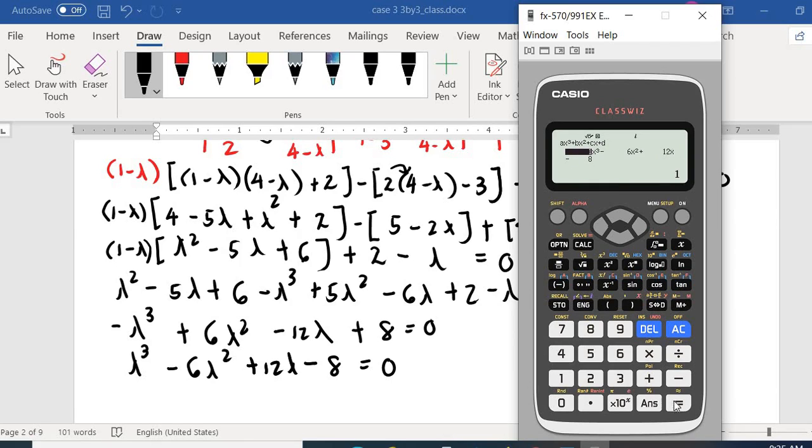In this case you get only one root. You may press shift.